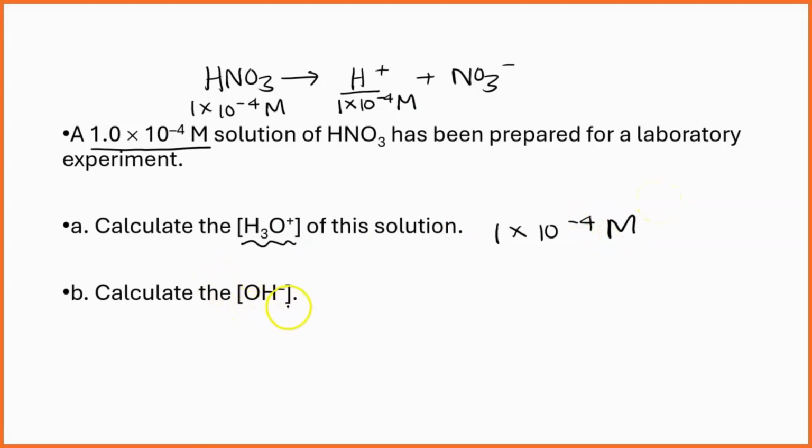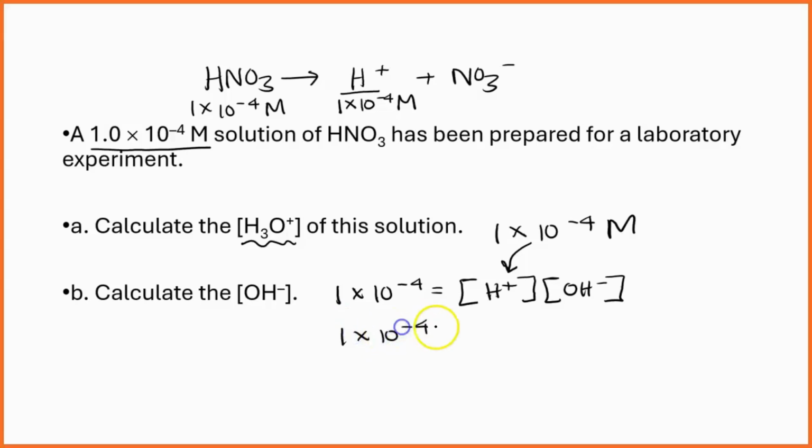And then we're going to figure out the hydroxide concentration. We've been using that 1 times 10 to the negative 14 and saying that's equivalent to the H plus or H3O plus times the OH minus. We have that H3O plus from above, so we'll just plug in that value. So 1 times 10 to the negative 4th equals 1 times 10 to the negative, this should be 14, I'm sorry, negative 4.